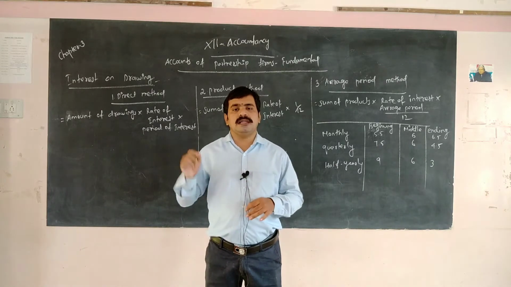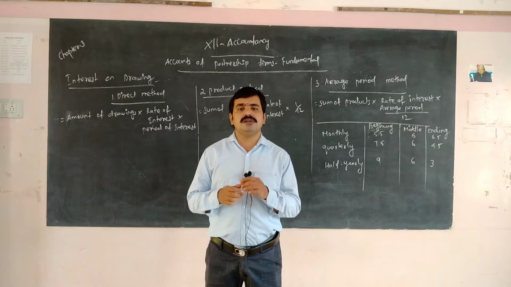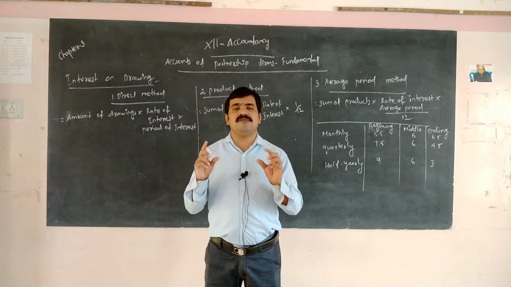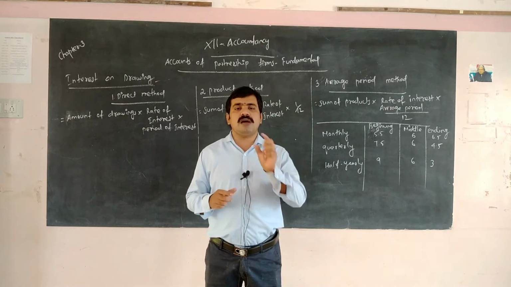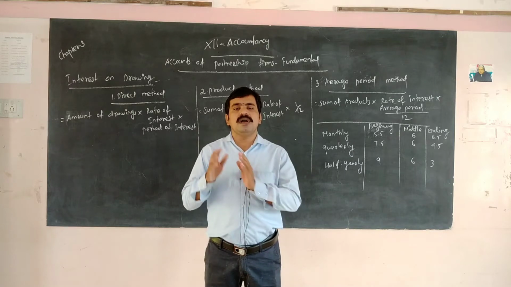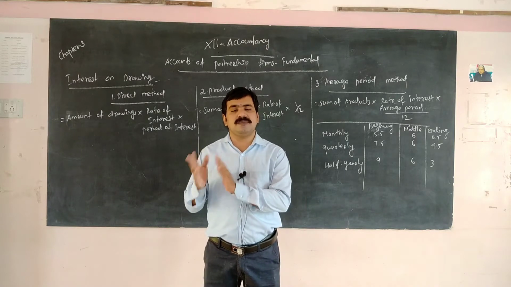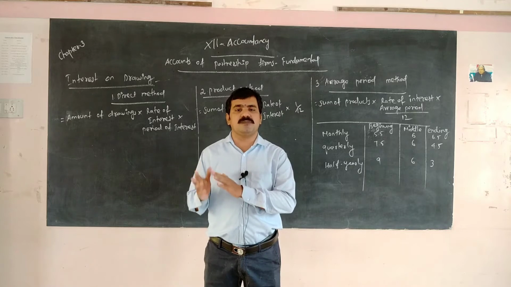In interest on capital, you have to use a formula: the total amount of capital into rate of interest, into period of interest. The rate of interest depends upon 5%, 6%, 4%.